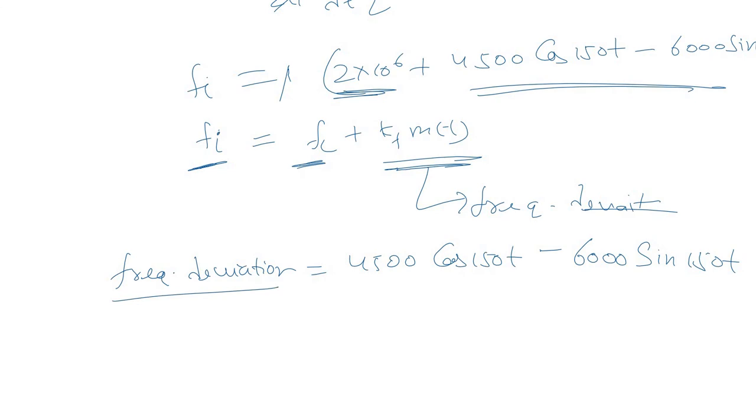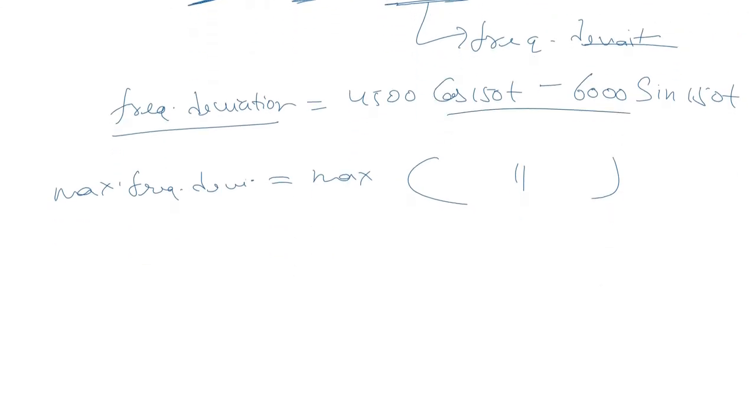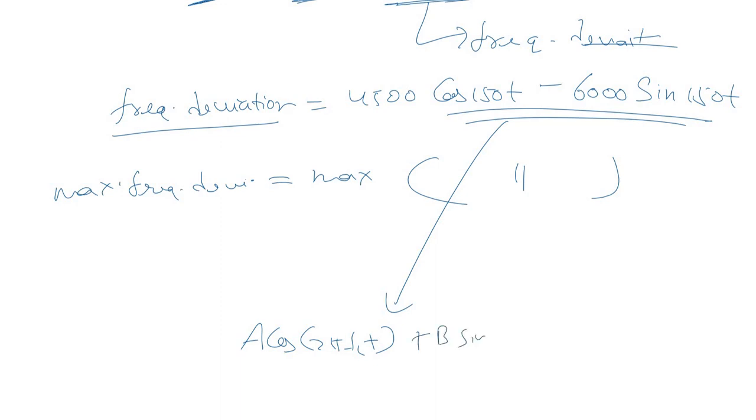So the maximum frequency deviation would be the maximum of this term, which is of the form a cos 2 pi f1 t plus b sin 2 pi f1 t.